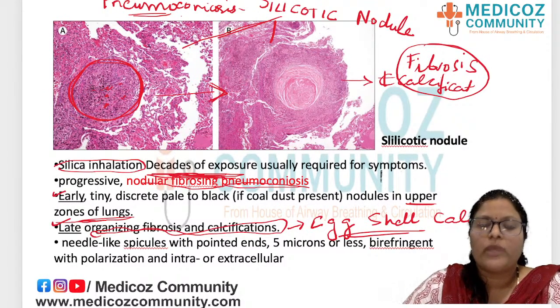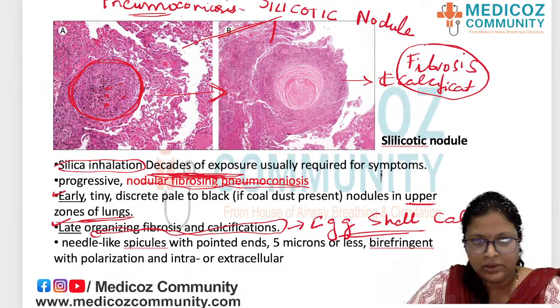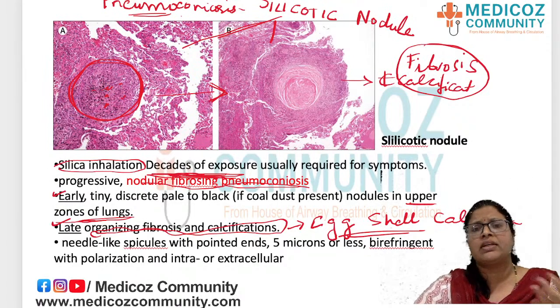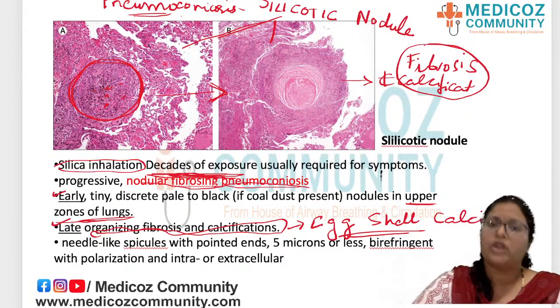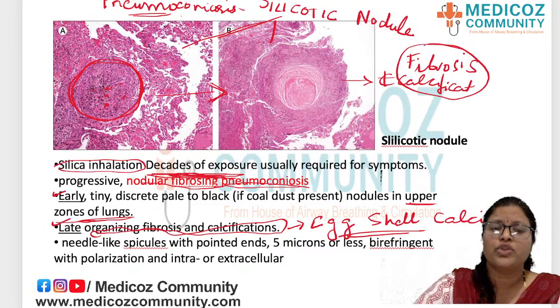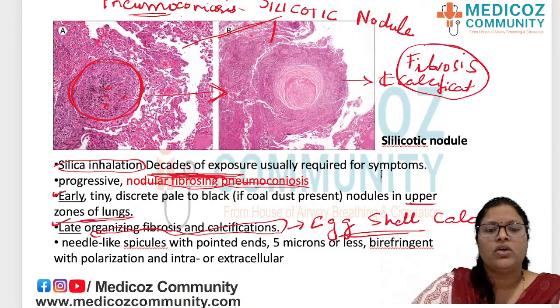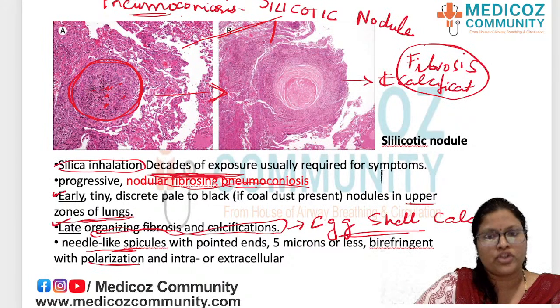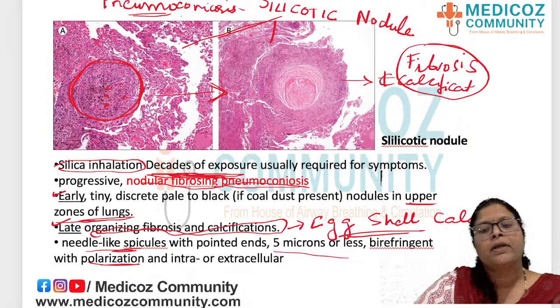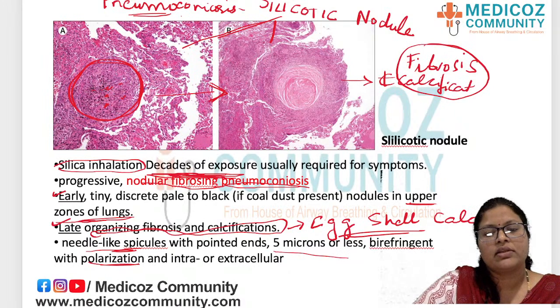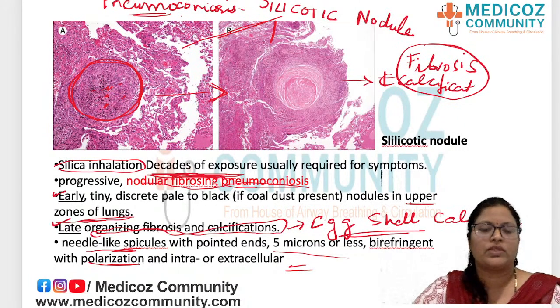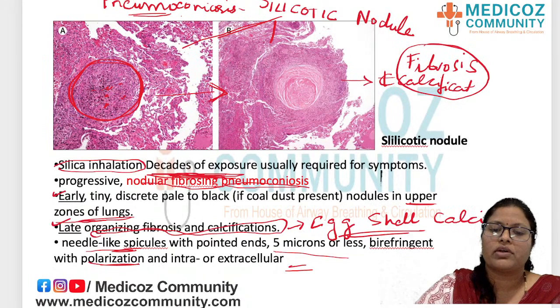And then when we do a biopsy, okay, say the person has undergone an autopsy and the biopsy has come, we usually see these kinds of silica nodules along with needle-like spicules, and when we see under the polarizer, these are birefringent. Okay, and these are 5 micron or less because they have to enter the alveoli, right? So this is the microscopy in silicosis, and your radiological finding is eggshell calcification.